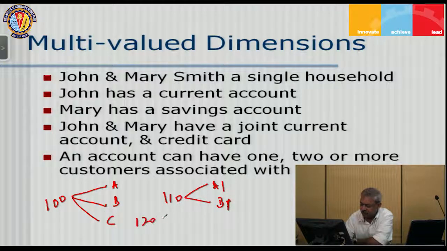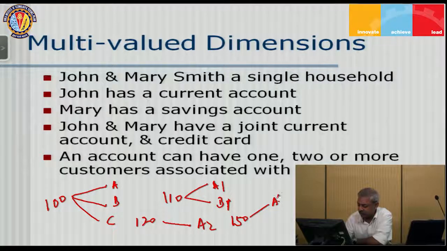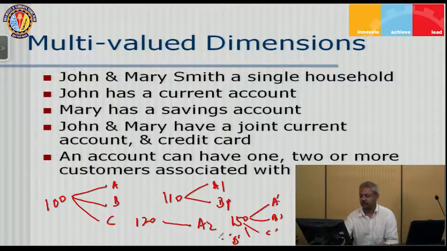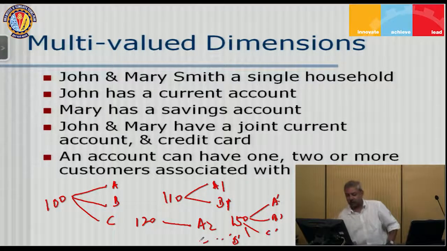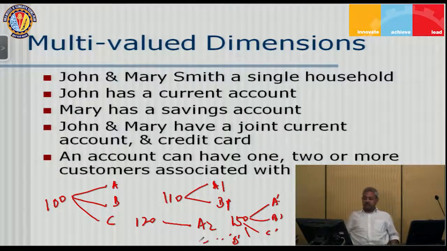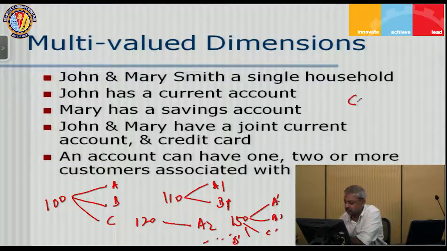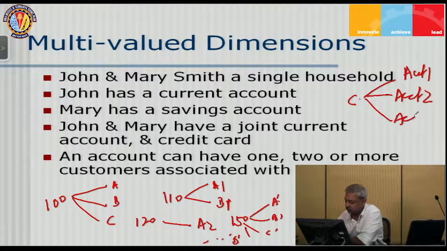There can be another account which has only 1 account holder, and there can be an account, say 150, which has multiple account holders, A dash, B dash, C dash, D dash, and so on. So an account can have 1, 2 or more customers associated with it, and at the same time a customer can have multiple accounts: account 1, account 2, account 3.